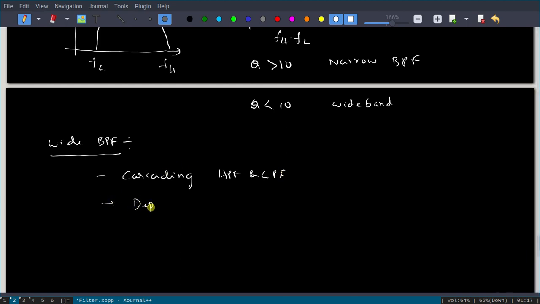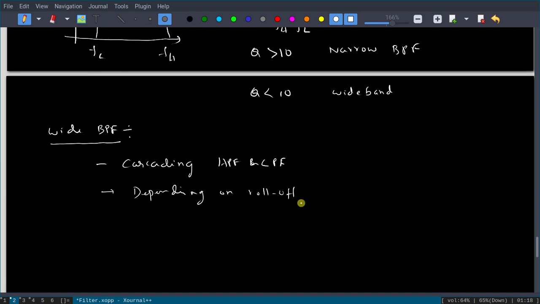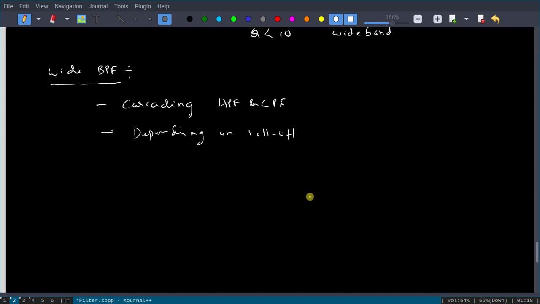Depending on roll off, the order of the filter is chosen. If you want plus or minus 20 dB roll off, you select first order high pass and first order low pass filter. If you want 40 dB, then you go for second order. So let us consider first a wide band filter with plus or minus 20 dB roll off.